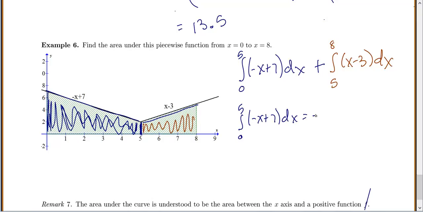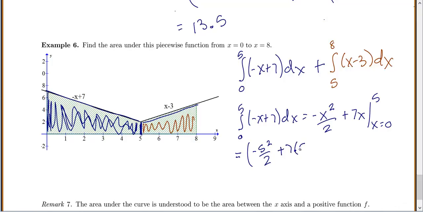Okay. So this is going to be negative x, raise it by 1, so from 1 to 2 is 2, divide by 2, plus 7x, and we need to evaluate from x equals 0 to 5, which is going to be, plug in the 5 first, so negative 5 squared over 2 plus 7 times 5.